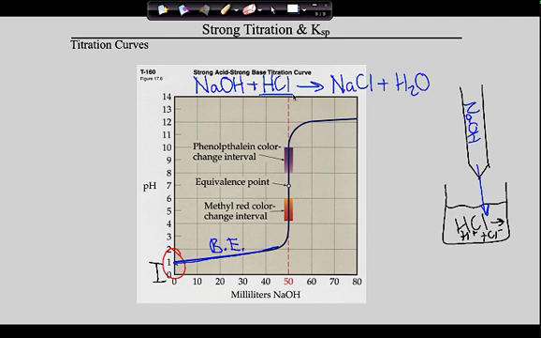So guys, here's what happens. Before equivalence, the sodium hydroxide is attacking the hydrochloric acid and turning it into both of these things, and those things have a pH of 7. So as the sodium hydroxide consumes the hydrochloric acid, the products have a pH of 7.